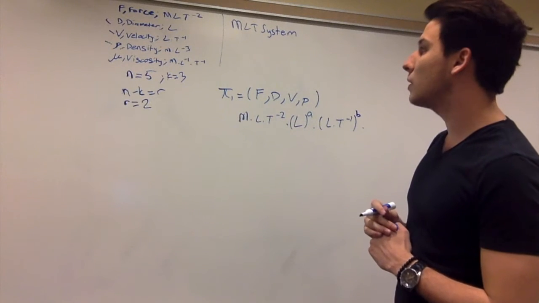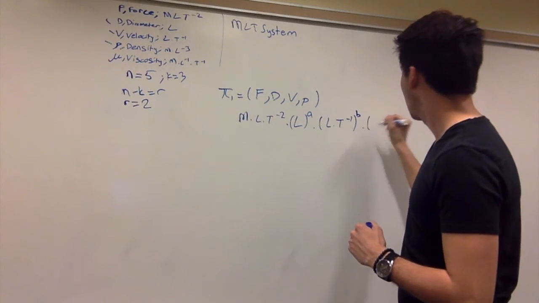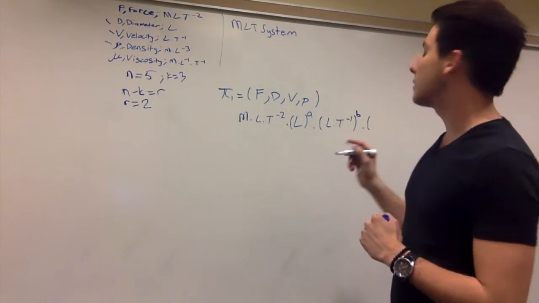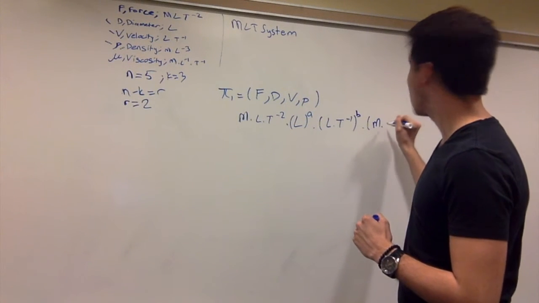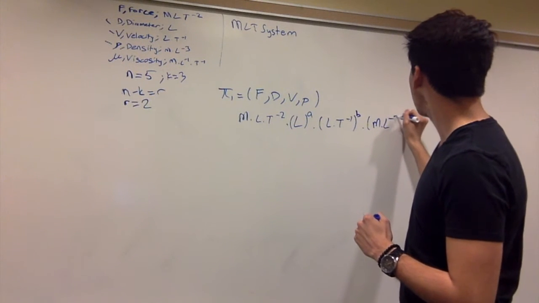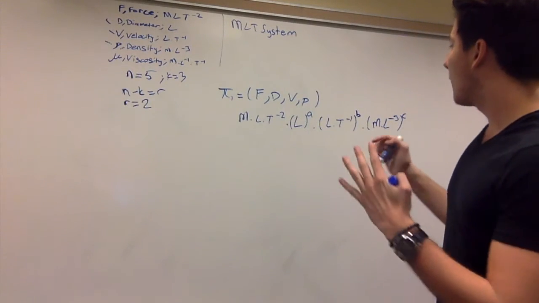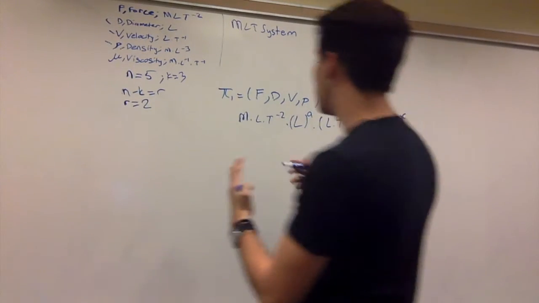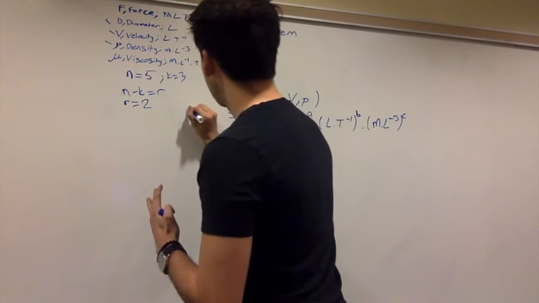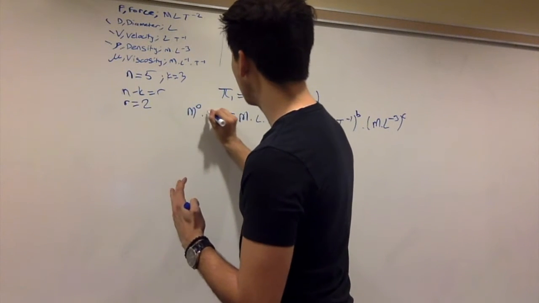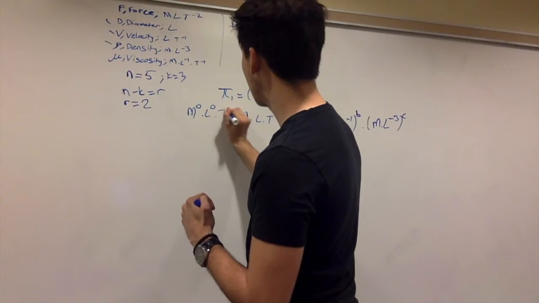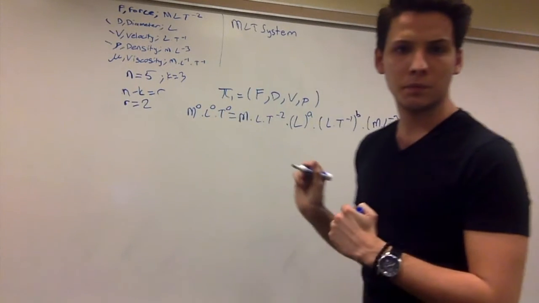And the last one, density. Density is M times L to the power of -3, all to the power of c. And this whole thing needs to be equal to M to the power of 0, L to the power of 0, and T to the power of 0.